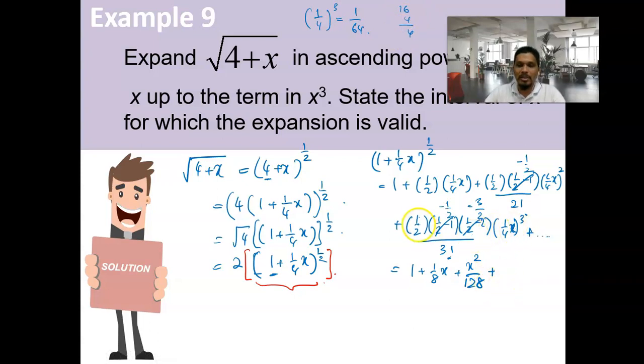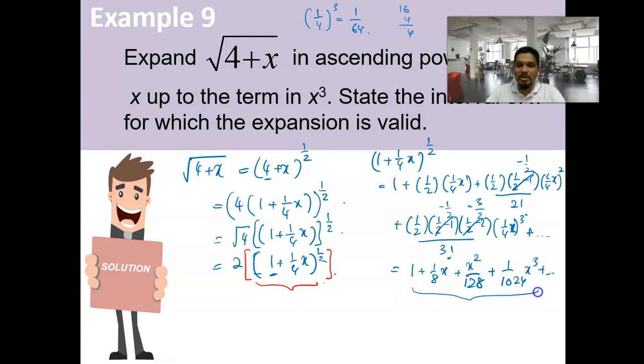Okay. So just imagine that is 1 over 64 multiplied with negative 3 over 2 multiplied with negative 1 over 2 multiplied with 1 over 2, everything divided by 3 factorial, which is 3 times 2 times 1 equal to 6, and it gives you 1 over 1024 x cubed. Okay, class.